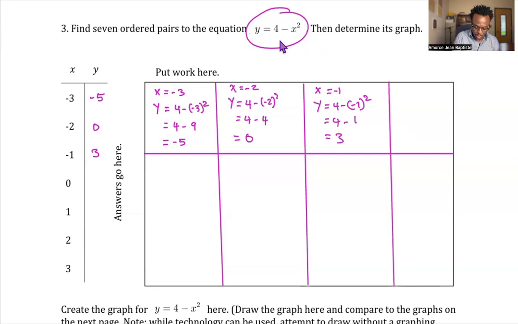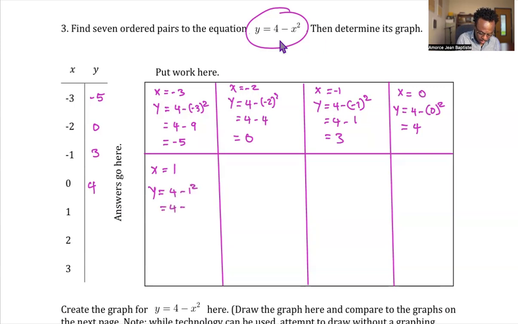y equals 3 when x equals -1. And then when x equals 0, y is 4 minus 0 squared, that is 4. So x equals 0, y equals 4. Keep going with x equals 1. y is 4 minus 1 squared.